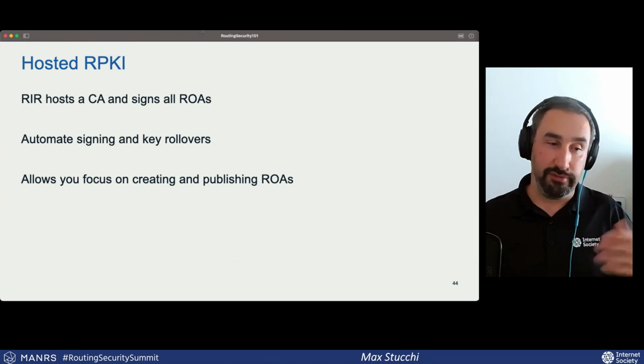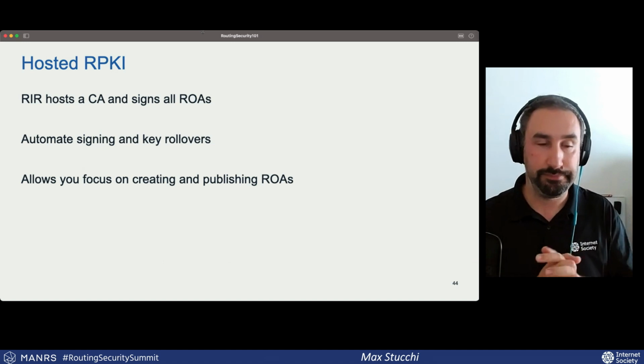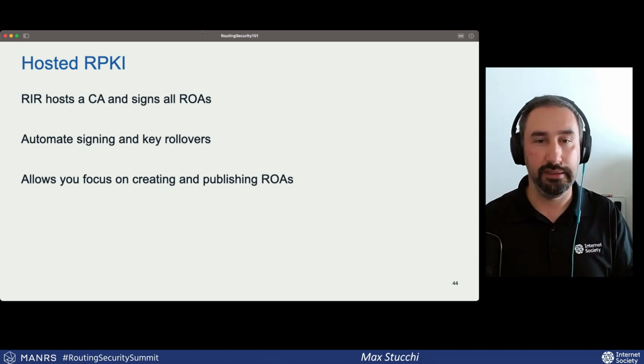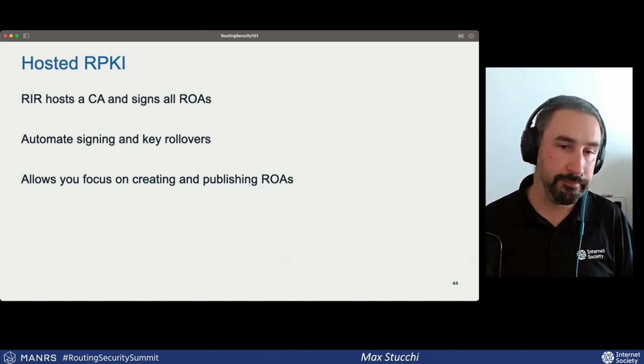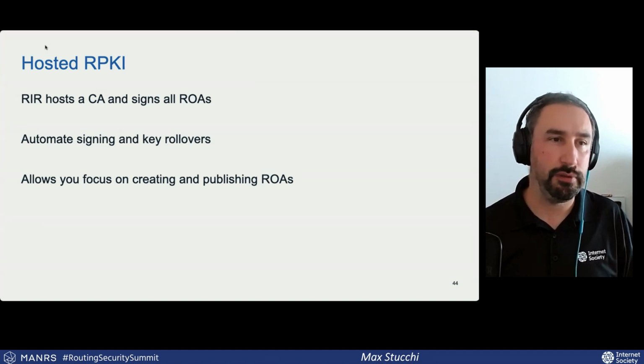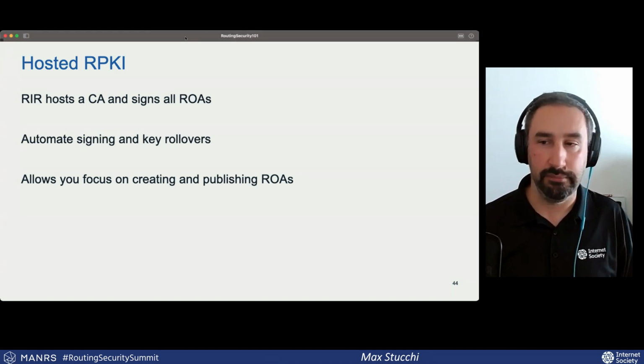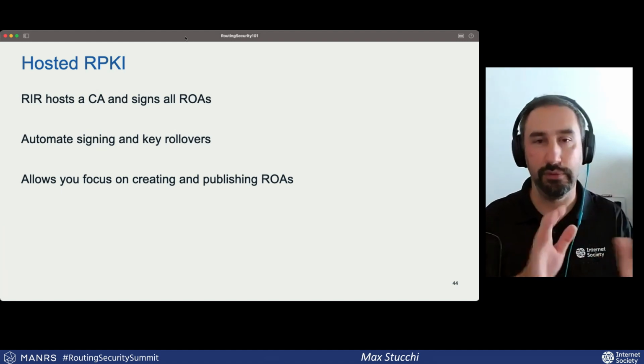You have 2 ways of running RPKI. One is hosted, where the RIR does all the work for you. Especially the RIPE NCC has full automation for this. So you just go in, push a button, and then you can just create your ROAs. You just focus on them.